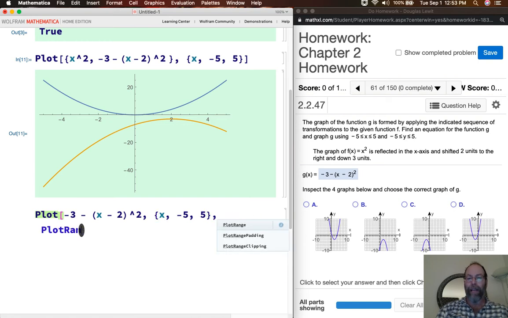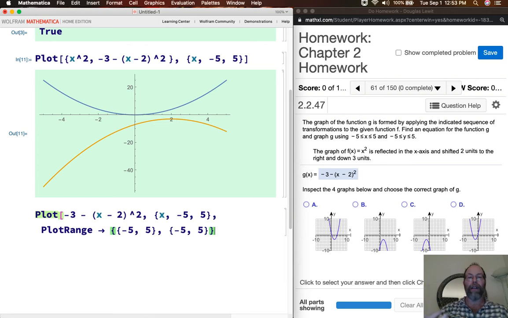My plot range, now look at this, guys. The plot range is given right over here. x is between -5 and 5. y is between -5 and 5. So therefore, the x range is from -5 to 5, which is basically just a repeat of what I'm doing over here. And then the y range goes from -5 to +5.